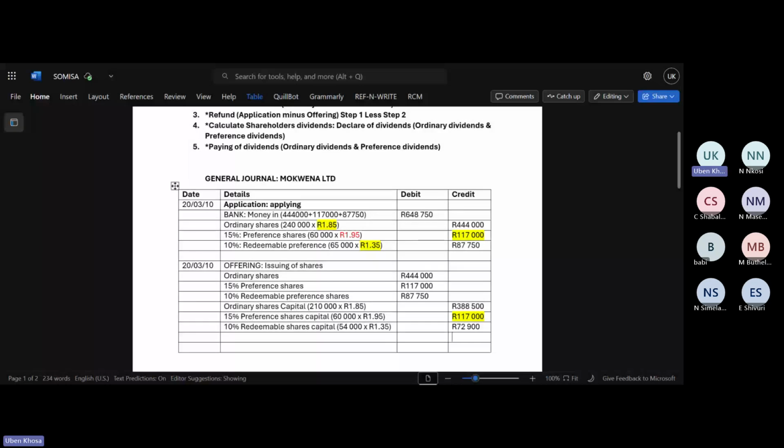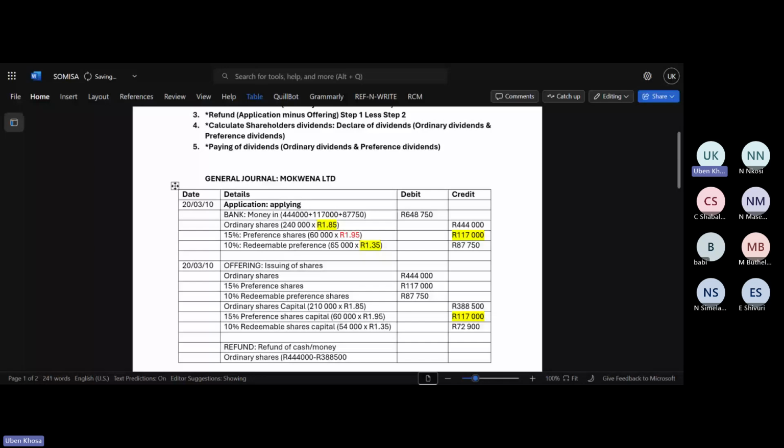Meaning now we are moving to step 3, refund of cash or refund of money. Let me start with ordinary shares. Look here. They applied to the value of 444,000, but we only issued to the value of 388,500.